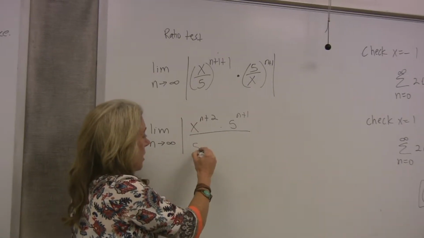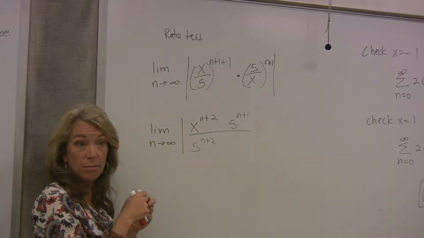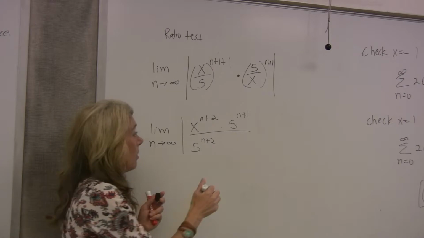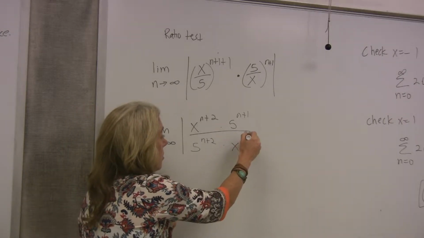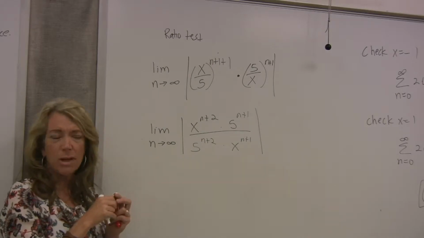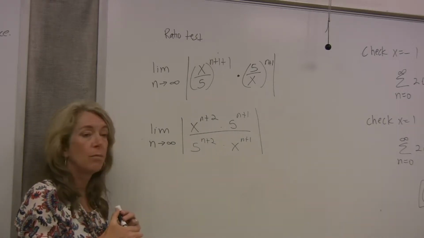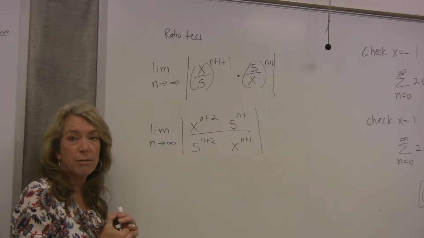And in the denominator, I have n plus 2 5s and n plus 1 x's. Just kind of breaking those both up in the numerator and denominator so we can see it better. What's going to reduce?